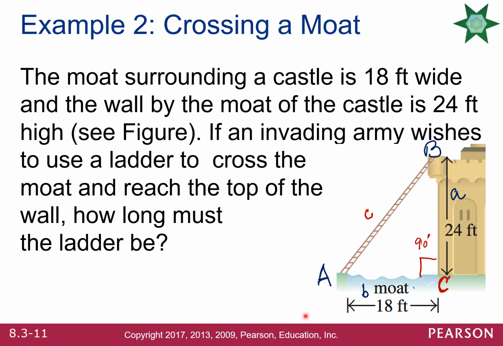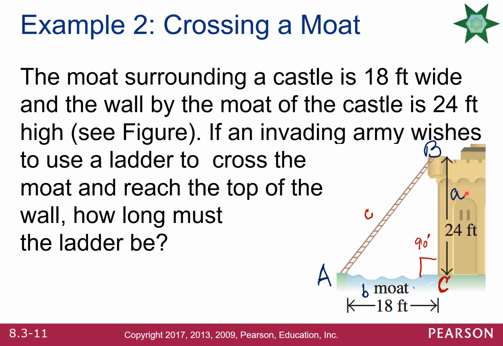We see over here that the side opposite angle A is the height of the castle, 24 feet, and side b, which is the length of the moat from the castle to its further end, is 18 feet. So they represent a and b, the two legs of a right triangle.